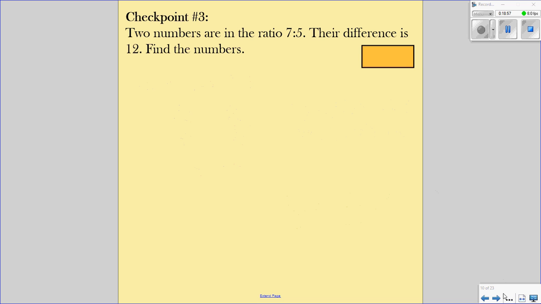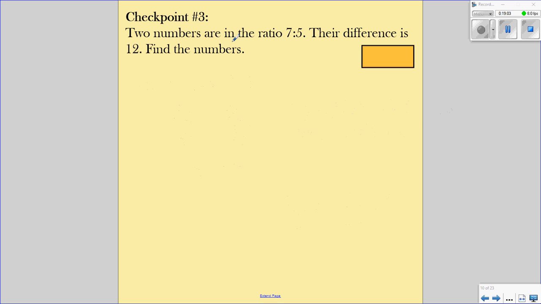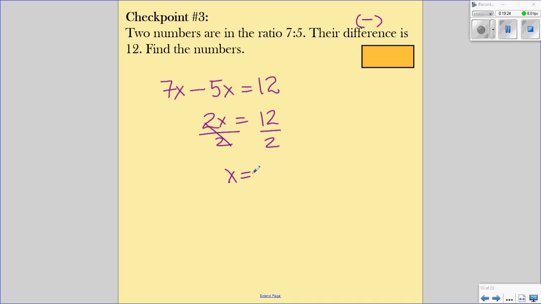Okay, now this one is different. They say two numbers are in ratio of 5 to 7. Their difference is 12. Difference means subtracting. So 7x minus 5x equals 12. So you subtract, and then divide 2 on both sides, which gives you 6.